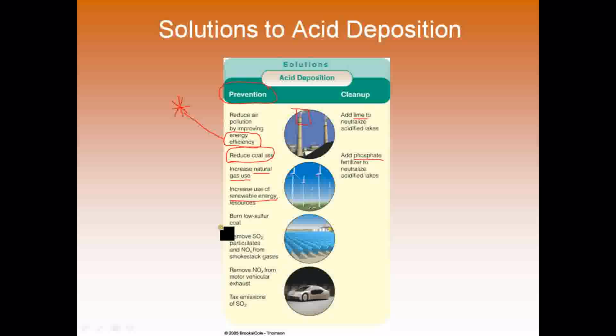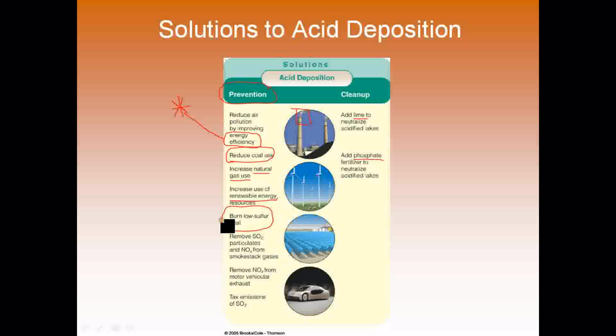Now, I mentioned this in the chapter when we covered non-renewable energy sources. Increasingly, we are trying to use what's called low sulfur coal. It's a harder anthracite type of coal. Problem with that, of course, is it's the more expensive coal.